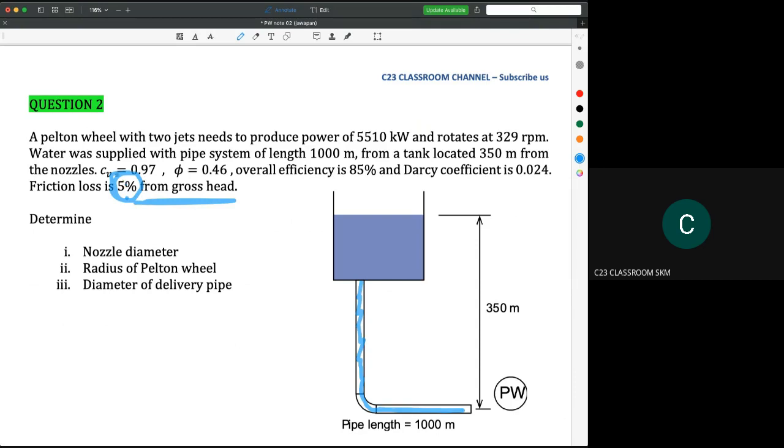The CV here is the losses when water jets travel from the nozzle to the bucket. And the phi here is the ratio between the wheel speed and the velocity of jet.